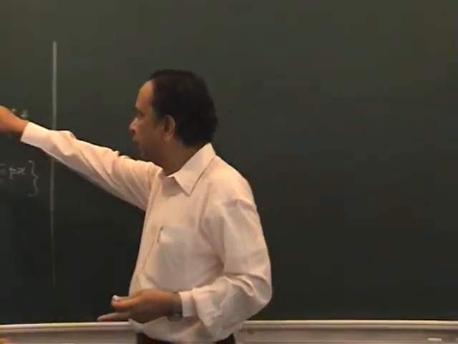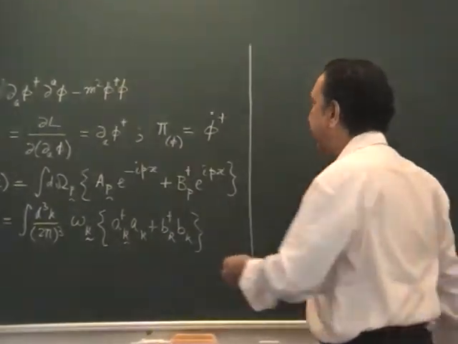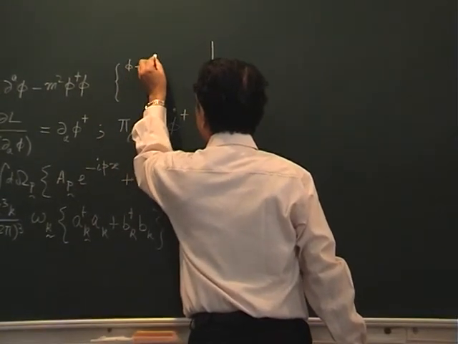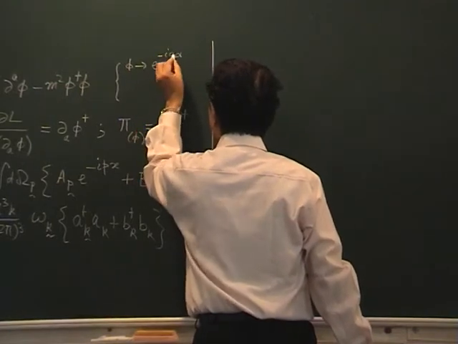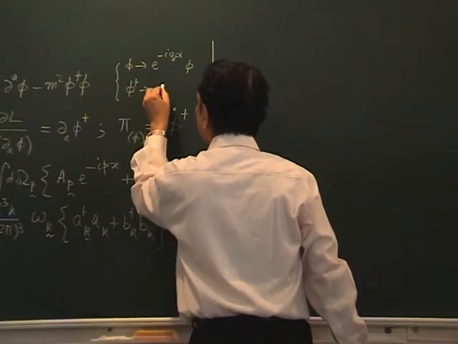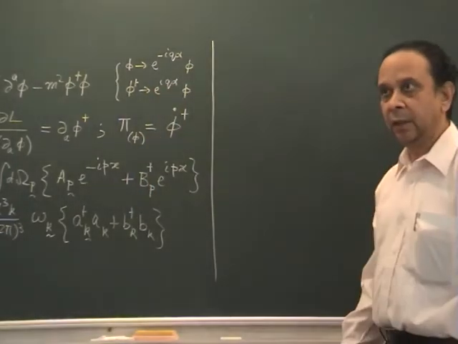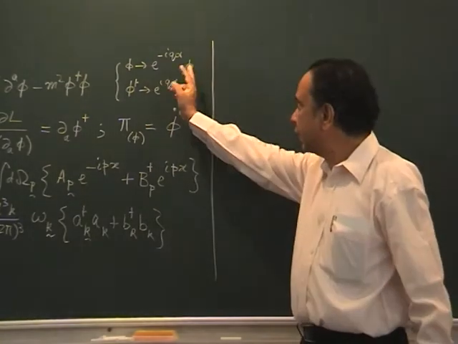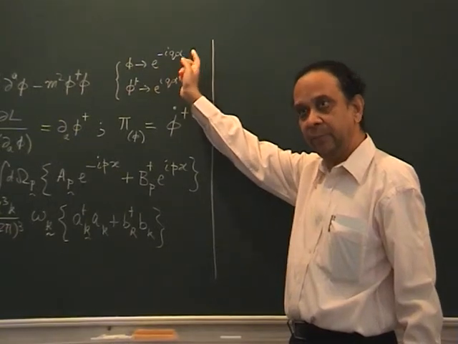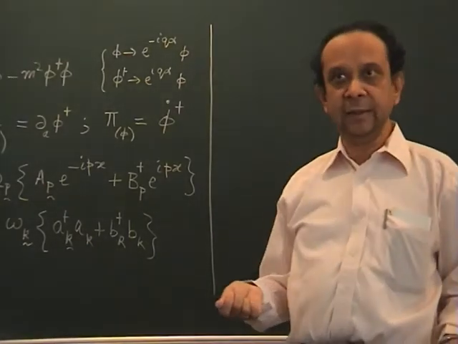And we found that this particular Lagrangian, this has been done before, so I am just reminding you, has an invariance under phi going to e to the minus iq alpha phi and phi dagger going into e to the iq alpha phi. It's some constant alpha here. If you take the infinitesimal version of that, then delta phi is minus iq alpha times phi, and delta phi dagger is this quantity, and because of that symmetry there is a conserved current.